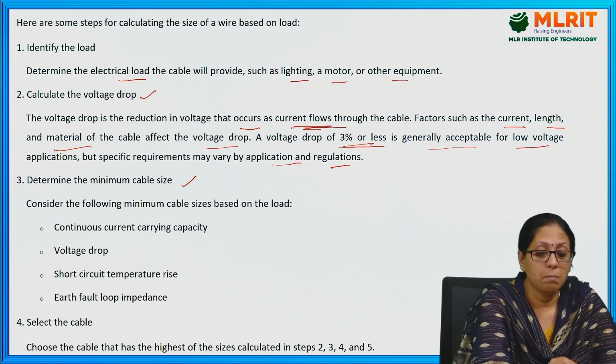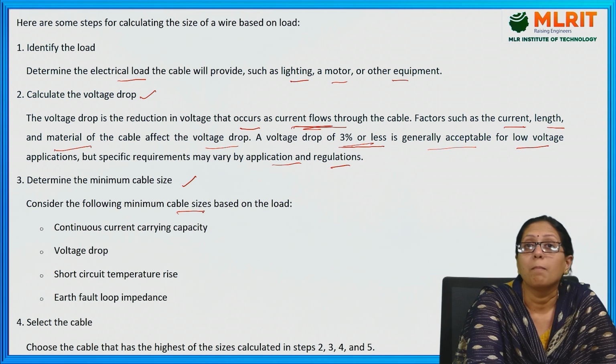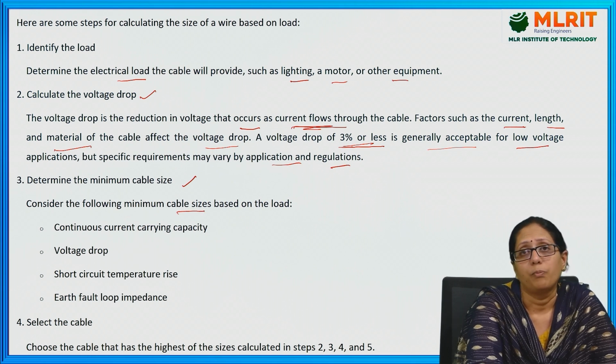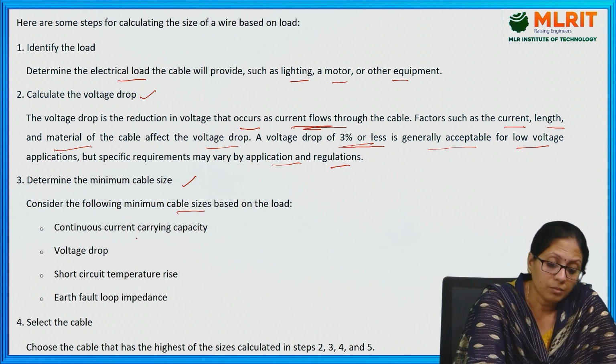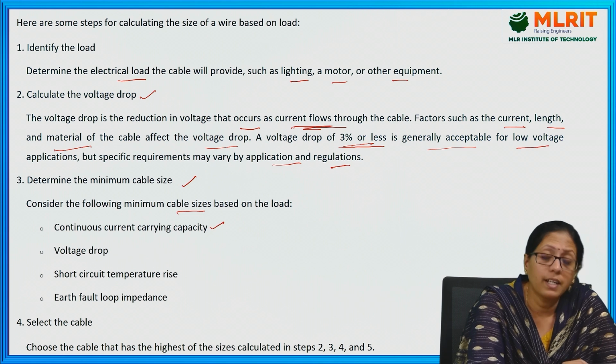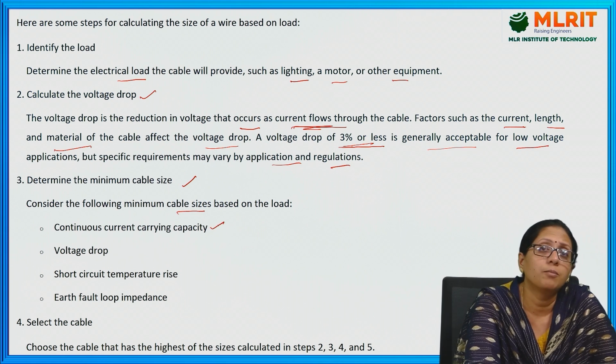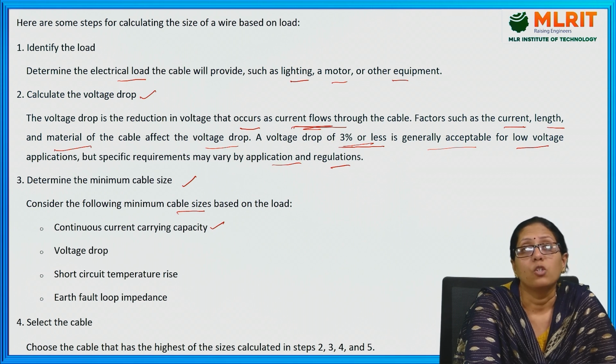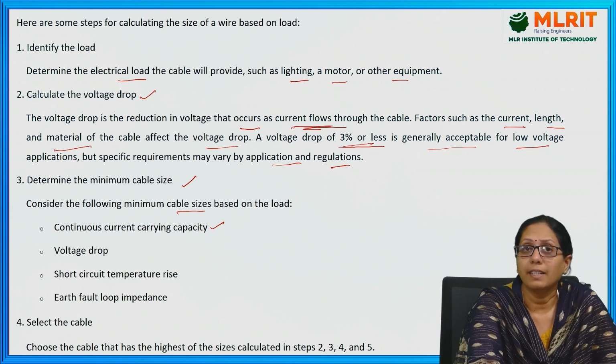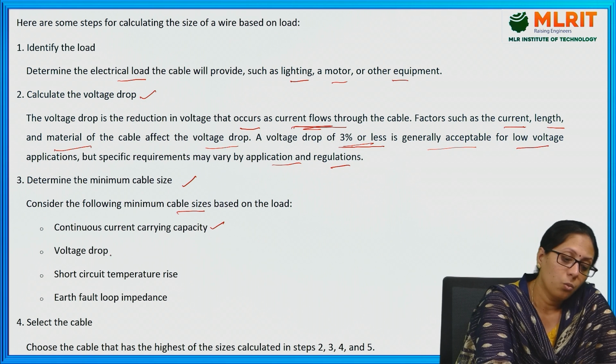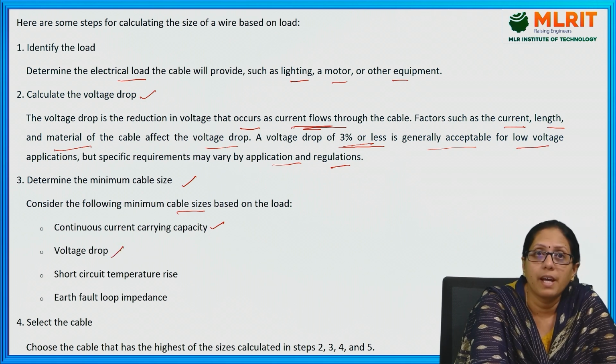Consider the minimum cable size based on the load. The continuous current carrying capacity should be there, meaning the cable should carry the current continuously. Voltage drop should be decided.